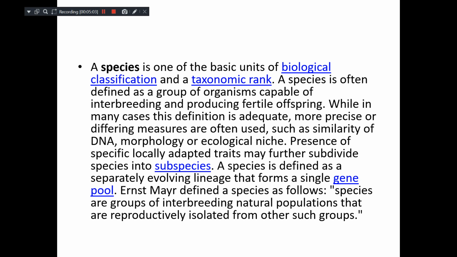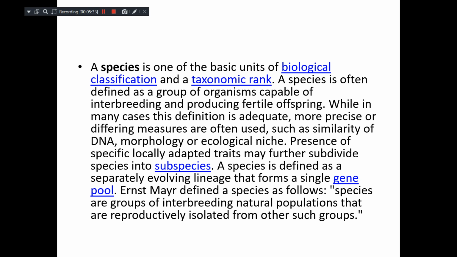Nowadays the species are defined or categorized based on the similarity of DNA, morphology, and ecology. So different criteria have been used to define the species. That's why even if you give any definition, you will be leaving out one or two other characteristics.